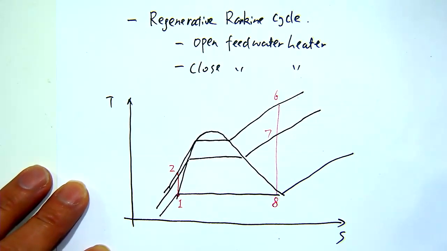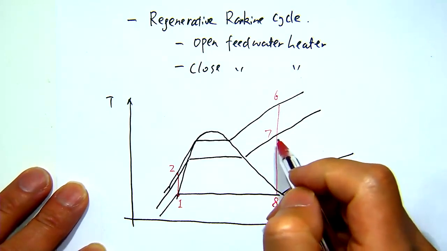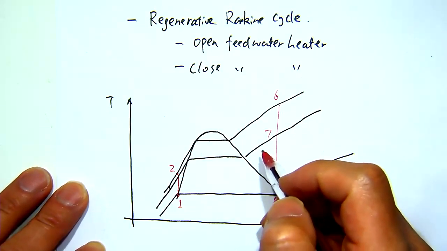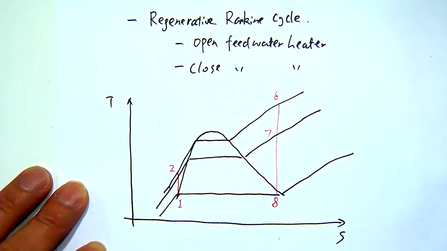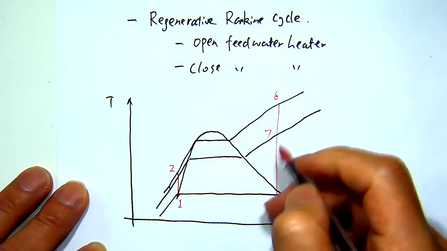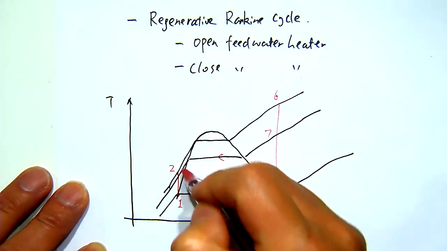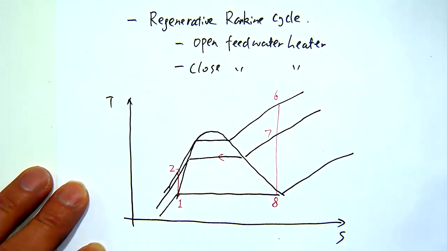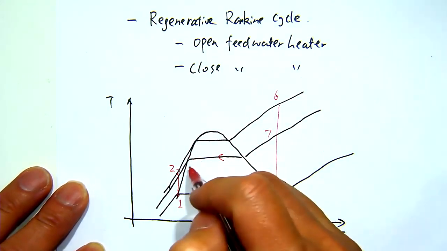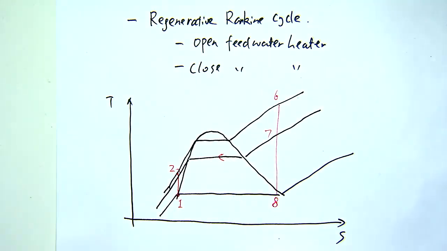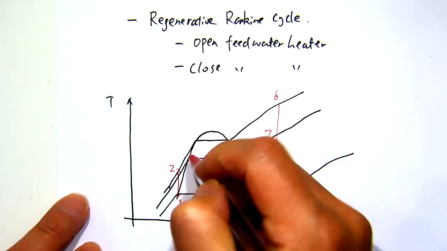Right? So they will have heat transfer in this heat exchanger, the so-called closed feed water heater, but that's basically a heat exchanger. So it's coming this way, and this one is coming this way. They are going up. And at the exit of the closed feed water heater, state 9, which is for the compressed water.